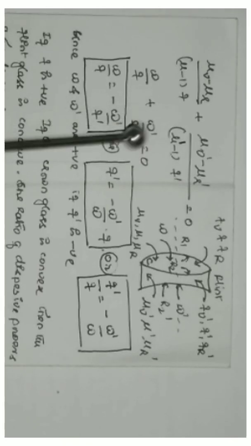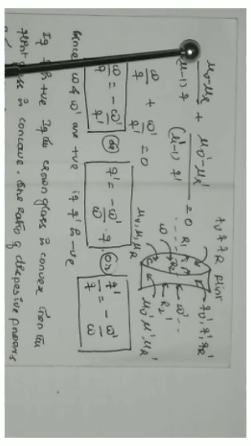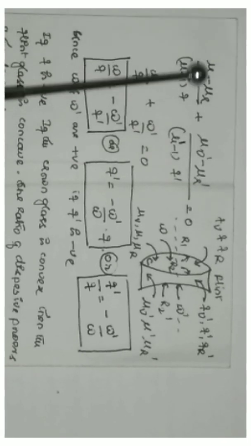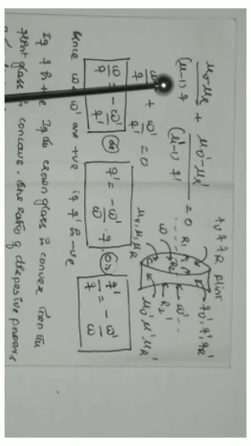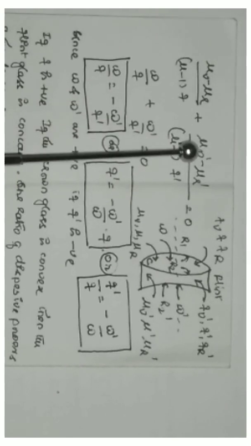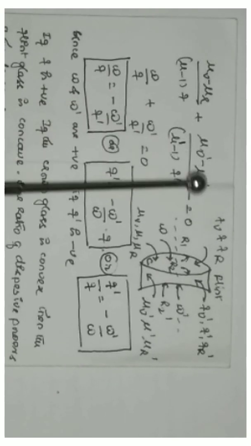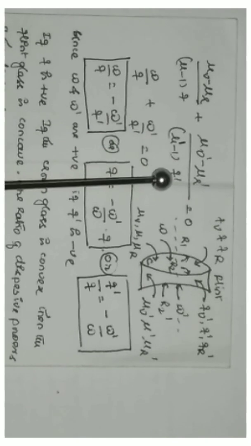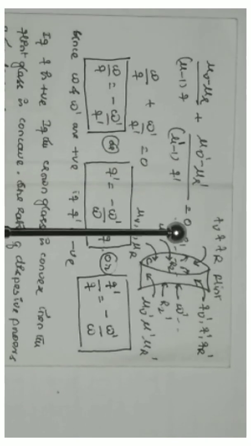Now on simplification, we get (μv - μr) by (μ - 1) into F plus (μ'v - μ'r) by (μ' - 1) into F' is equal to 0.